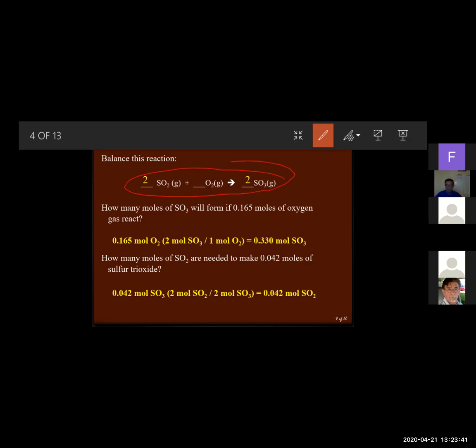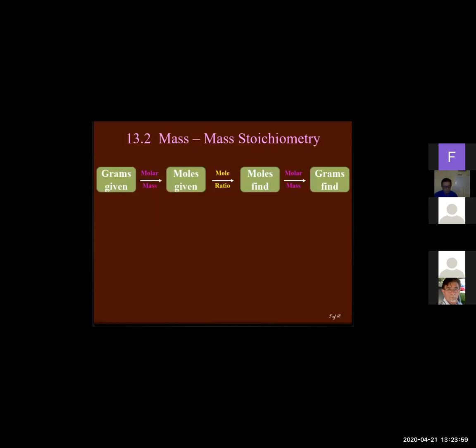And this balanced chemical equation, whether I'm making 0.042 moles of sulfur dioxide or whether I'm making 10 billion moles of sulfur dioxide, the same relationship is true. All right. And so this flow chart kind of breaks it down for you so you can see.